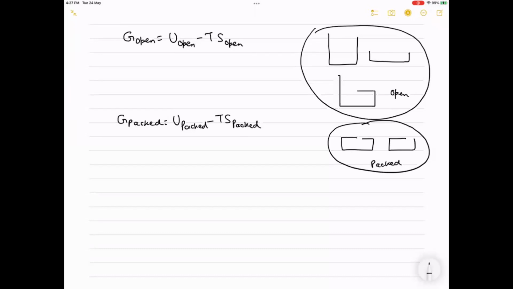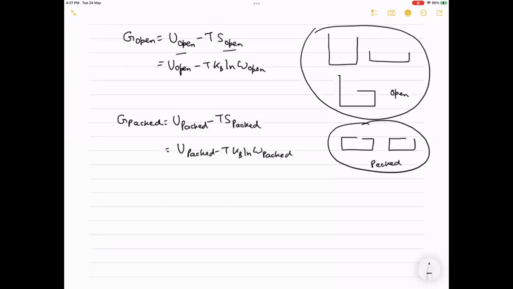Now we have to find out what is the average energy of the open macroscopic state and what is the entropy, right? Now entropy is something which can also be written as U open minus T kB ln W open. Okay, similarly this one, U packed minus T kB ln W packed, right?